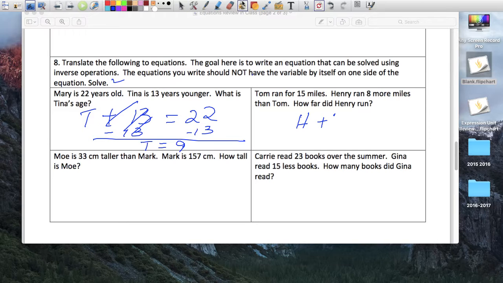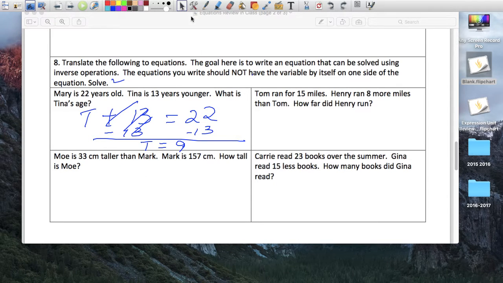Sorry. So this would be, let's see, so hang on a second. How would you set it up? Henry is equal to... I don't know how to set up that one. Let me get back to that, because I don't want to waste too much time.